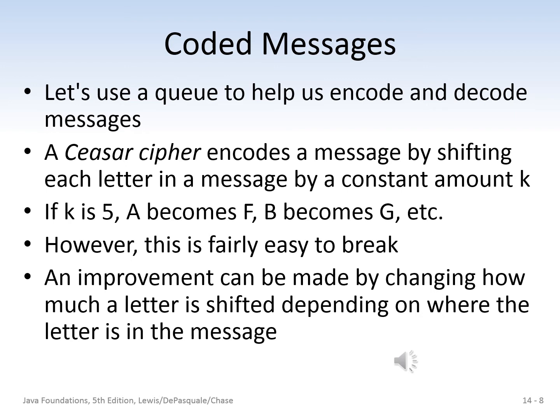No, we use a much more complex encryption encoding system. So an improvement can be made by changing how much a letter is shifted depending on whether the letter is in the message or not. And we're going to play around with this, and we'll have some fun with this example. I think I will. Hopefully you will too.